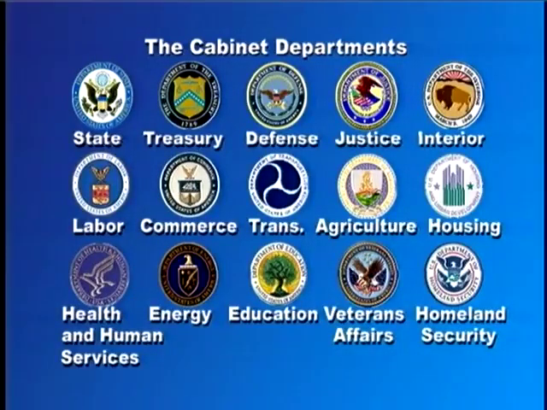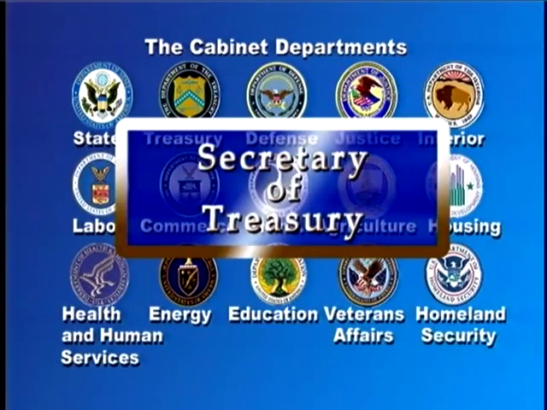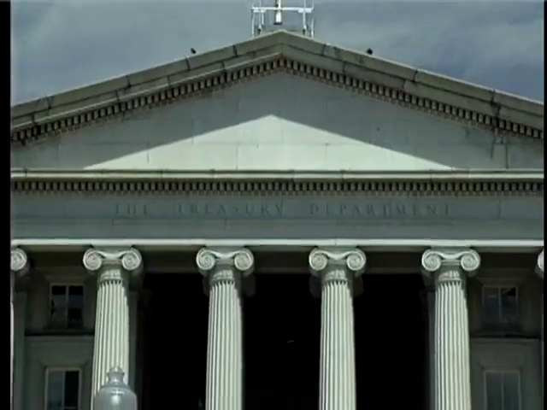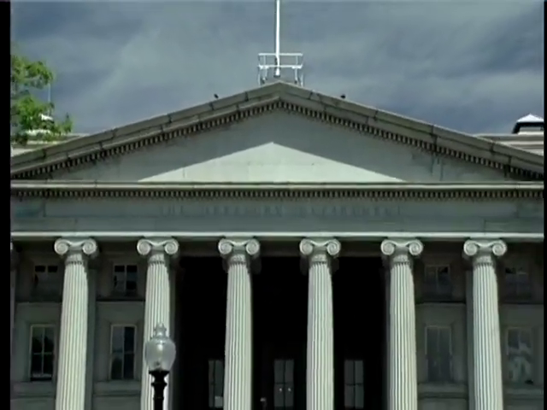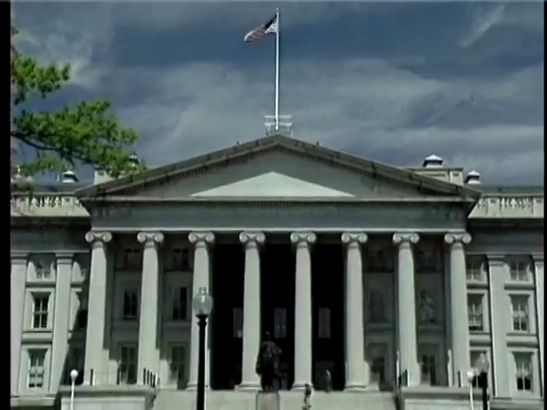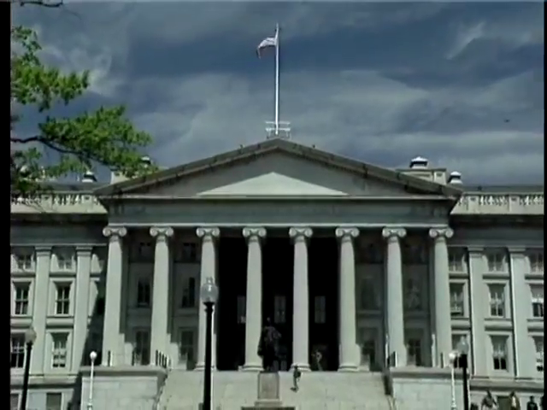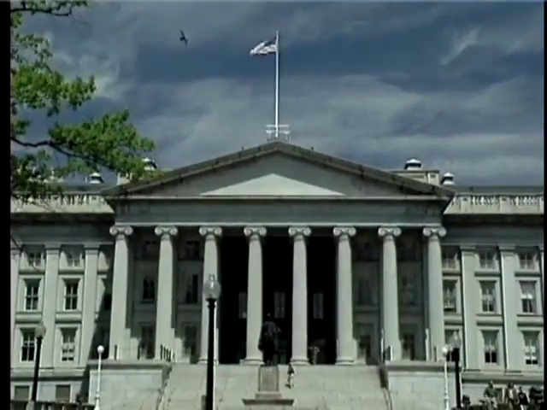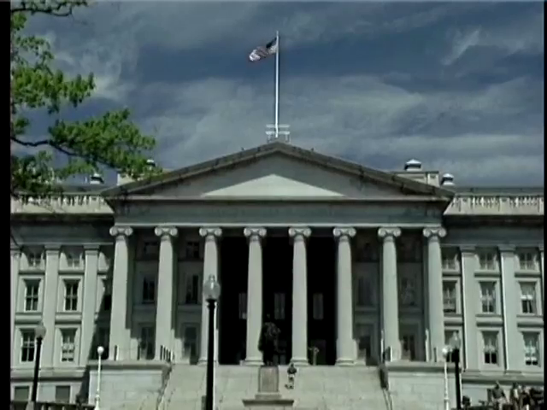The President's chief economic advisor, the Secretary of the Treasury, is in charge of the Treasury Department's varied functions. This department includes the Internal Revenue Service, the United States Mint, the Customs Service, the United States Secret Service, and the Bureau of Alcohol, Tobacco, and Firearms.